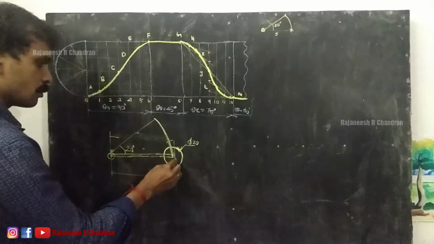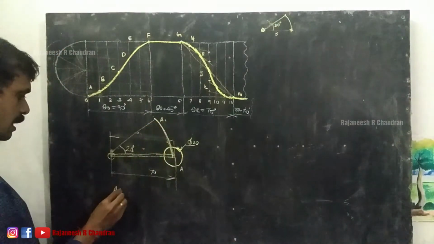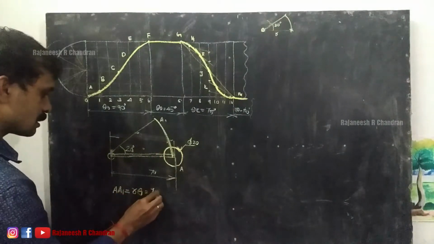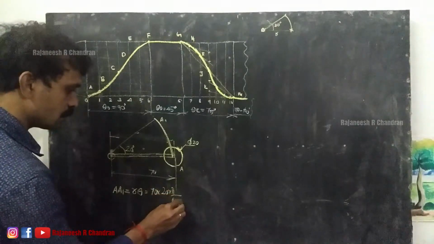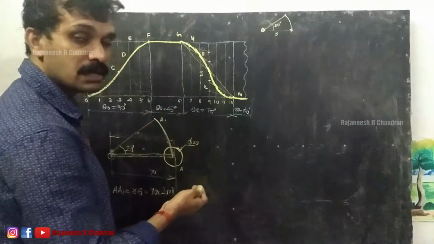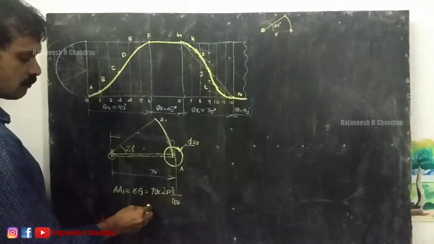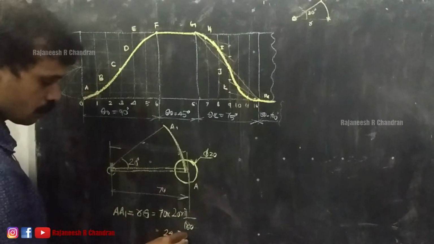Suppose this is point A and this is A1, the arc length AA1 will be equal to r into theta, that is 70 into 20 into pi by 180. Because 20 is in degrees, we have to convert that into radians. So 70 into 20 into pi by 180 is obtained as 24.5 mm.